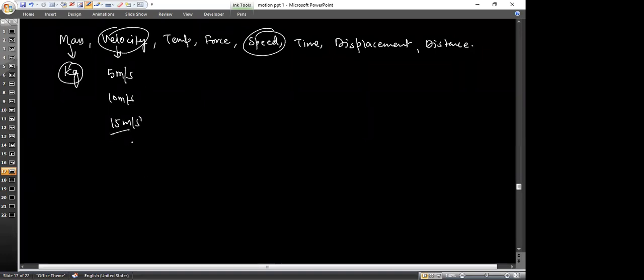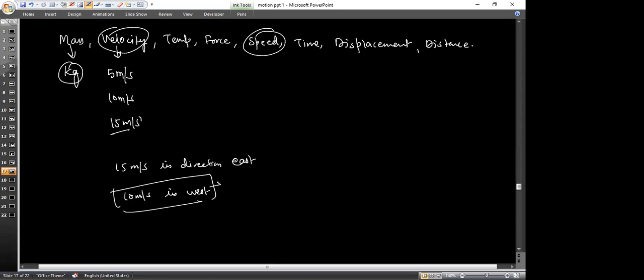So if I say an object is moving with a speed of 15 meters per second in the east direction, or 10 meters per second in the west, we can say that the object has this velocity. This is velocity.